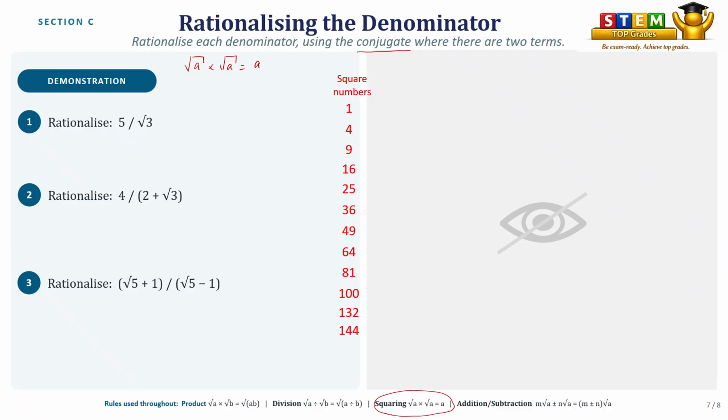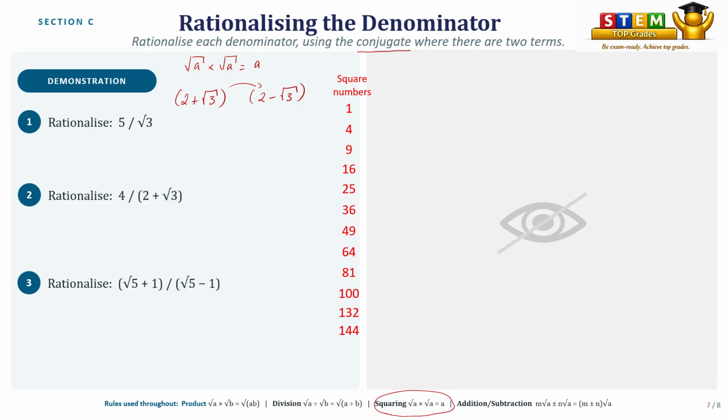One word about conjugate surds. So what does that actually mean? Conjugate. So if I have 2 plus root 3, its conjugate is just going to be 2 minus root 3.